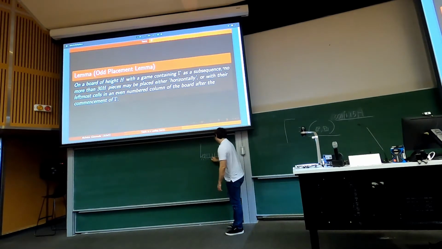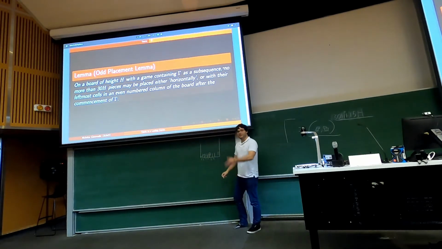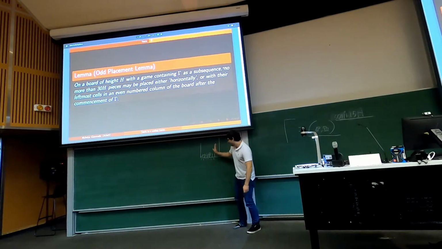When we place a piece vertically, we will say that its leftmost piece is in an even numbered column if it looks something like this. So if it's placed vertically, and as left as it goes, it's in an even column.